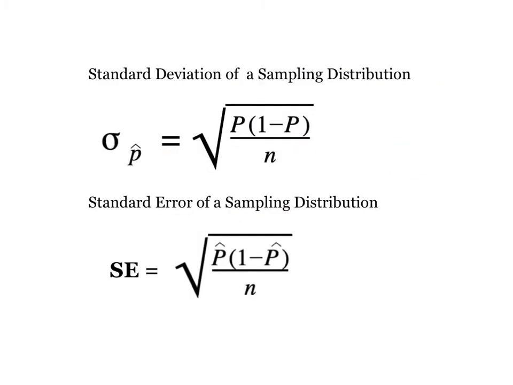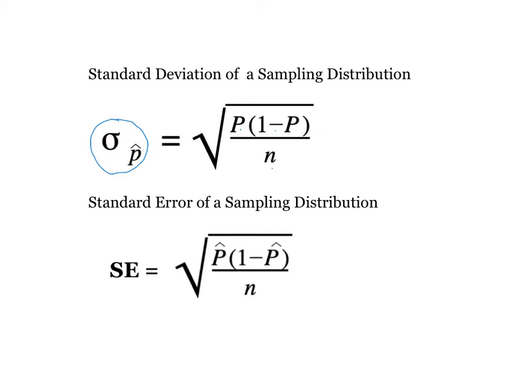Now, the standard deviation of a sampling distribution we have studied in the past. And this is the symbol for the standard deviation of a sampling distribution. And remember, we used the square root of p times 1 minus p over n. And that gave us the standard deviation of the sampling distribution of all samples of size n.